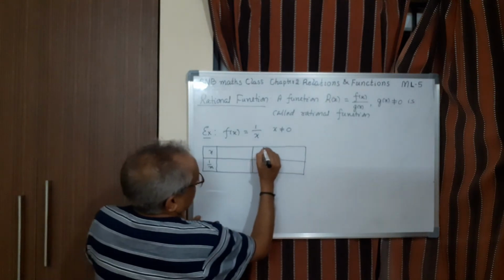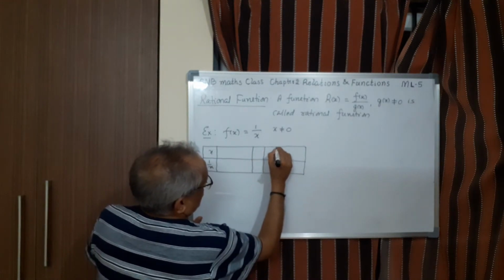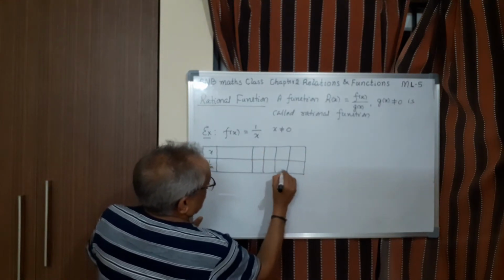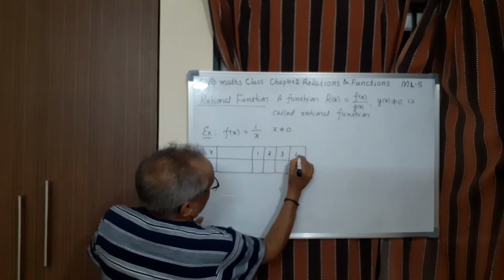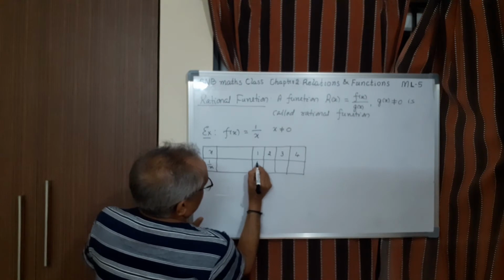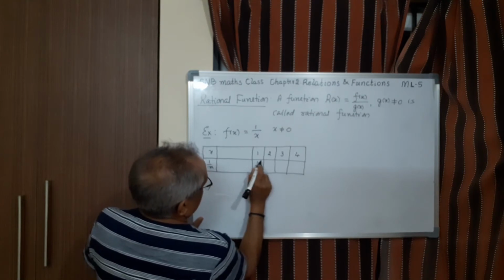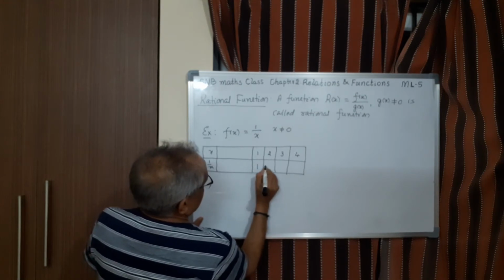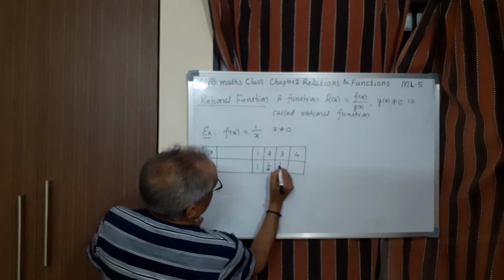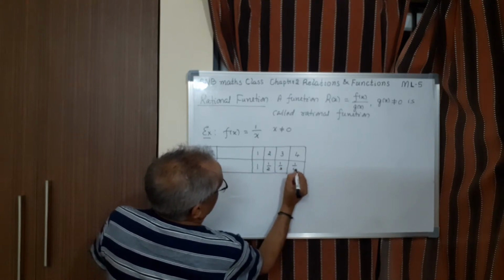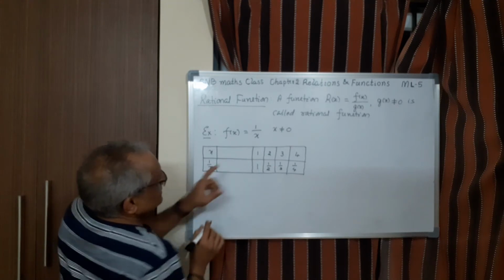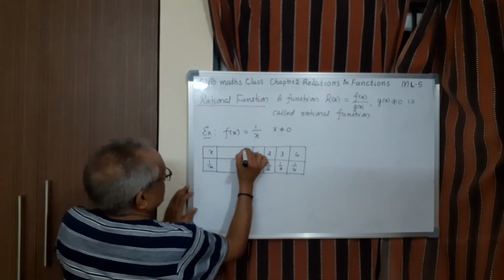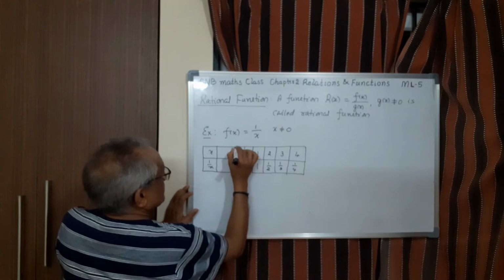Say let me take here for example 4 values, 1, then 2, then 3 and 4. So what happens is, here it will be 1 by 1, this is 1, this is 1 by 2, this will be 1 by 3, this is 1 by 4. And what I do is I will take here 0 we cannot take, but I can take definitely anything more than 0 I can take.